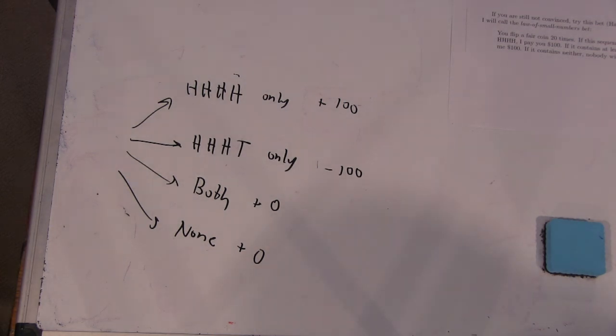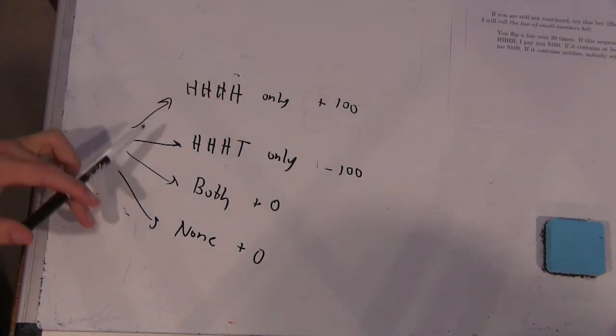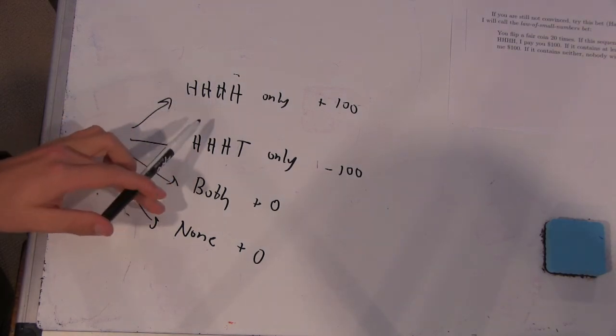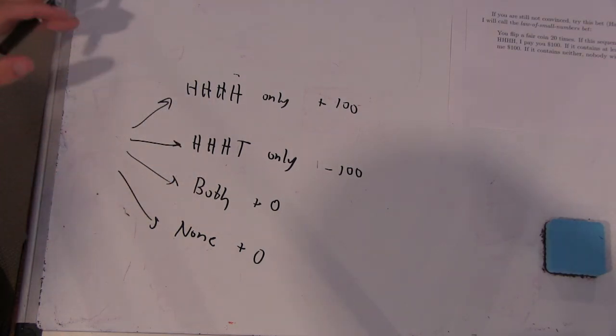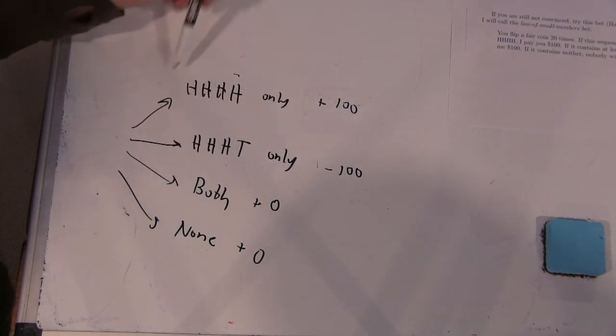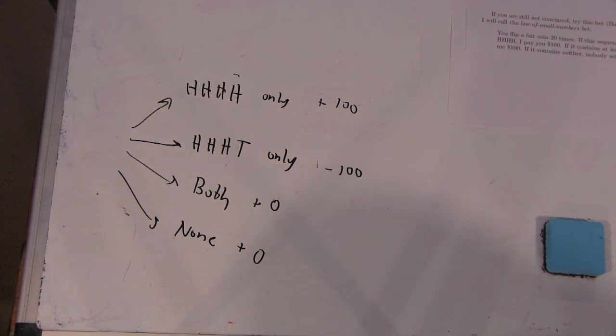I guess it'll depend where the sequence is. Because the only way for you to win and the other person not to win is to have your sequence be all heads, or to have tails in the first 3, or there's a couple other cases, like if you had alternating head, tail. But you have to have the 4 heads in there, and then if there's a tail after them at all, then you're going to be in the both category.